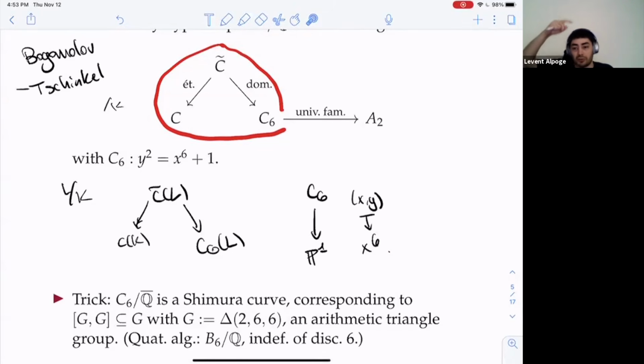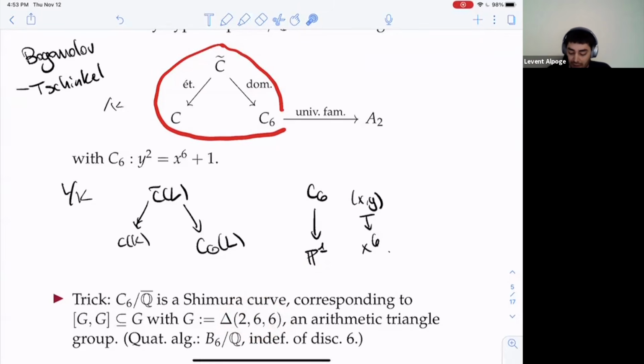And the stacky P1, I'm afraid of stacks, so don't kill me if I use the word stack again, where you have multiplicity 1/6 at 0, multiplicity 1/2 at 1, and multiplicity 1/6 at infinity, does correspond to this triangle group.